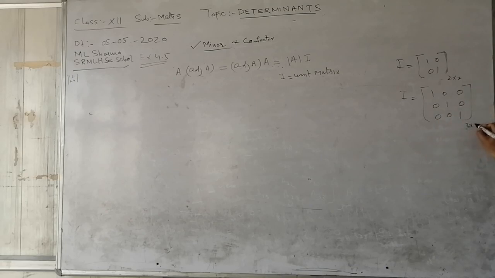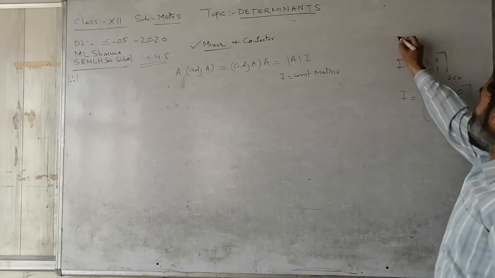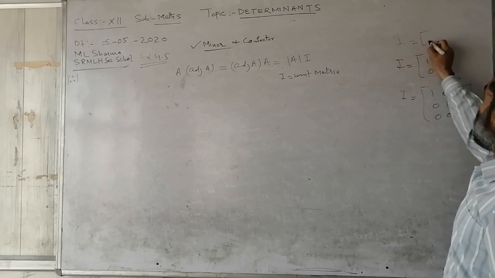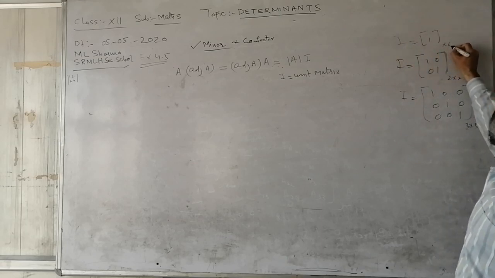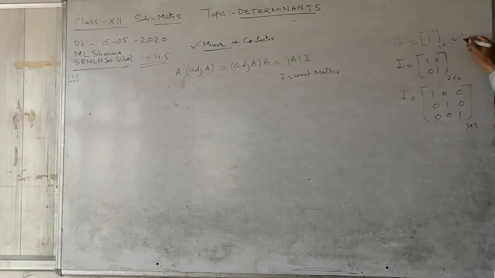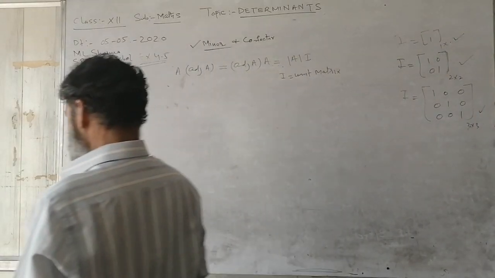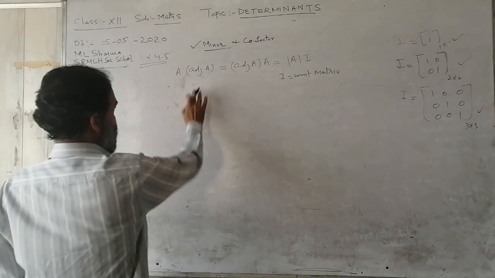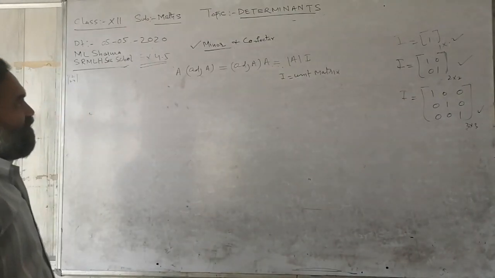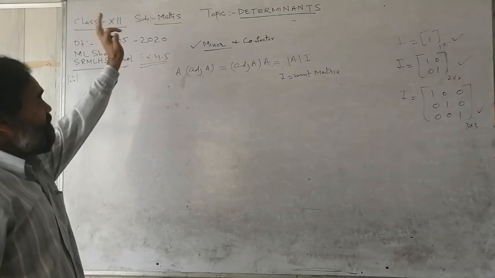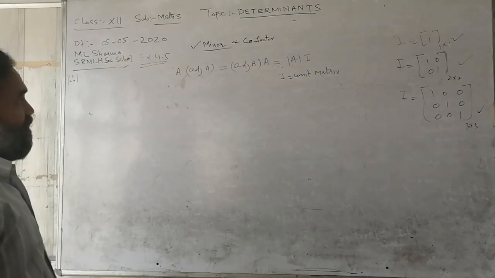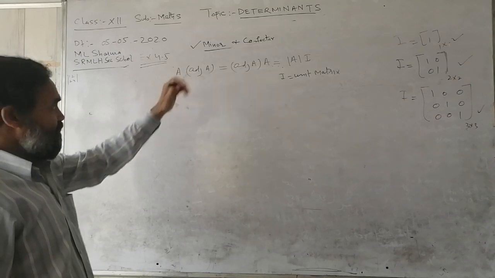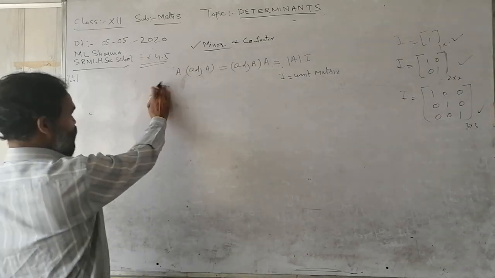This is 3 by 3, and if I have to write the unit matrix of only 1 by 1 order, this is 1 by 1, this is 2 by 2, this is 3 by 3. So this I stands for the unit matrix. Now this is a very important result, and this result will be helpful in solving questions in 4.5. If I have to prove it, it is very simple to prove.